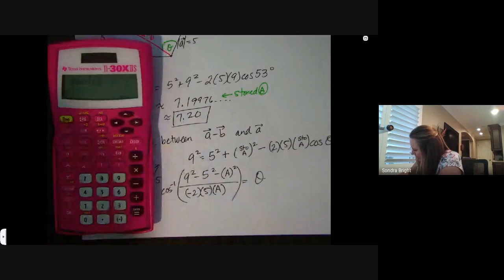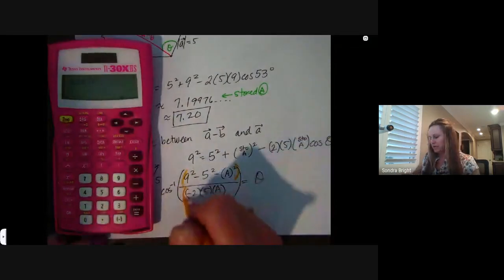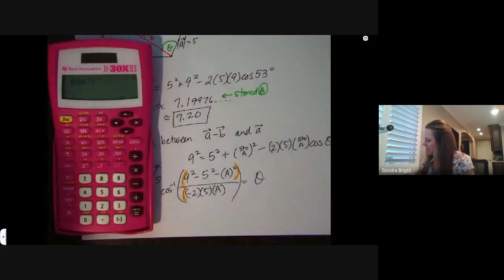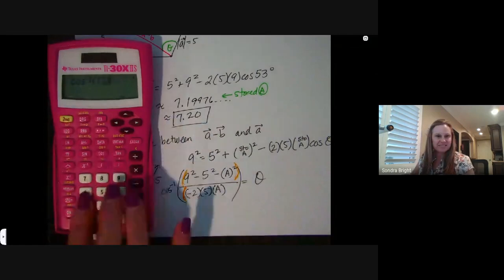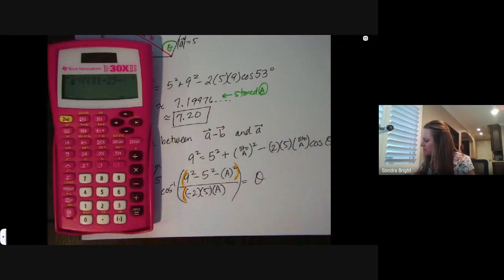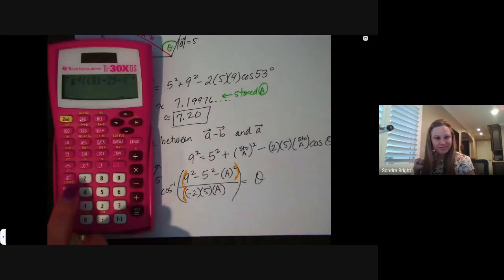And at the very least, start one here. Yeah, that's all you got to do, and then you'll get the right answer. Okay, so inverse cosine of start a parenthesis. And I've got 81 minus 25 minus, and that's just because I squared them because I don't want to hit the square. Memvar A, enter.